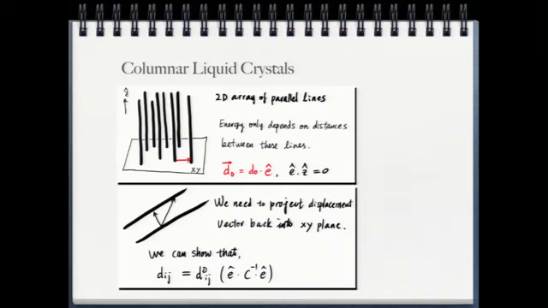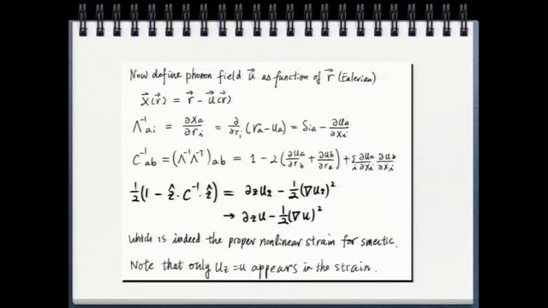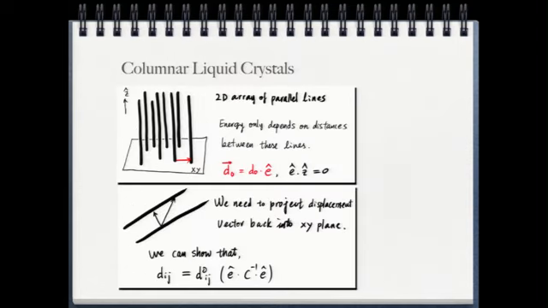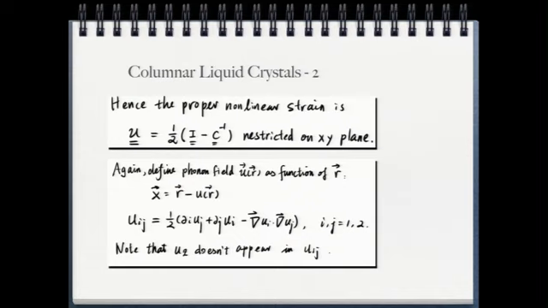Again, it's the inverse of this right Cauchy-Green strain tensor, which is the same thing that appeared in the smectic systems. So the proper nonlinear strain is given again by half of identity minus C inverse.